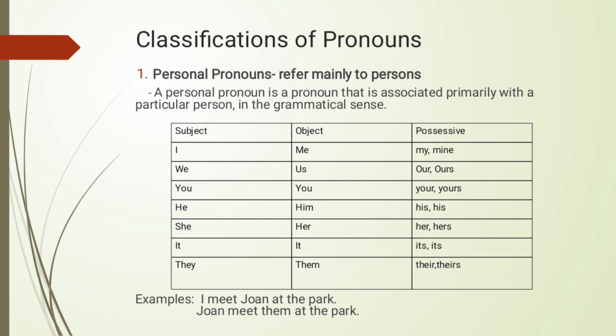Ang kinagtagpo ni Joan ay them or sila. Sila yung kinagtagpo ni Joan. Hindi natin pwede sabihin them sa umpisa kasi siya yung object or yung nagre-receive ng kilos. Joan met them at the park. Depende yun sa kung anong pangungusap ang iyong ginagamit.